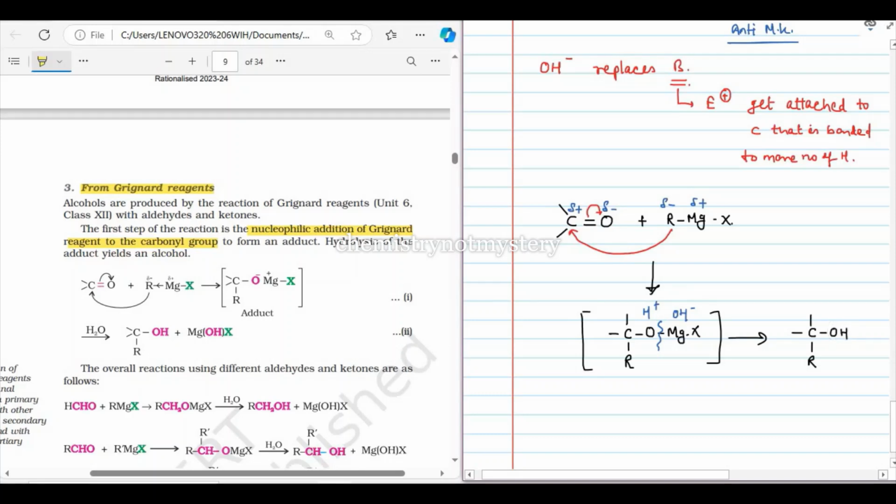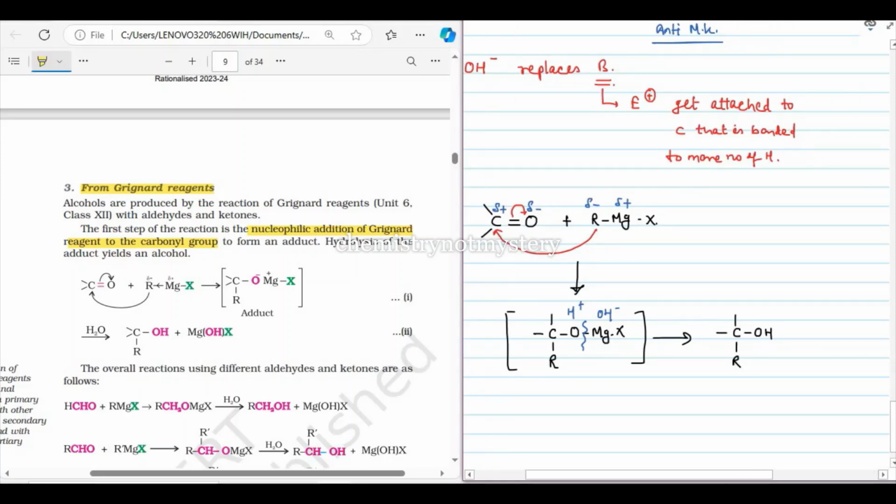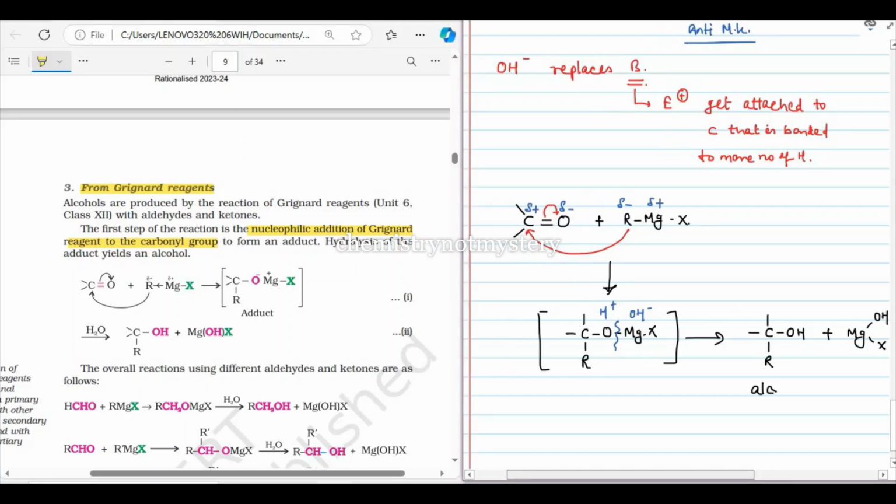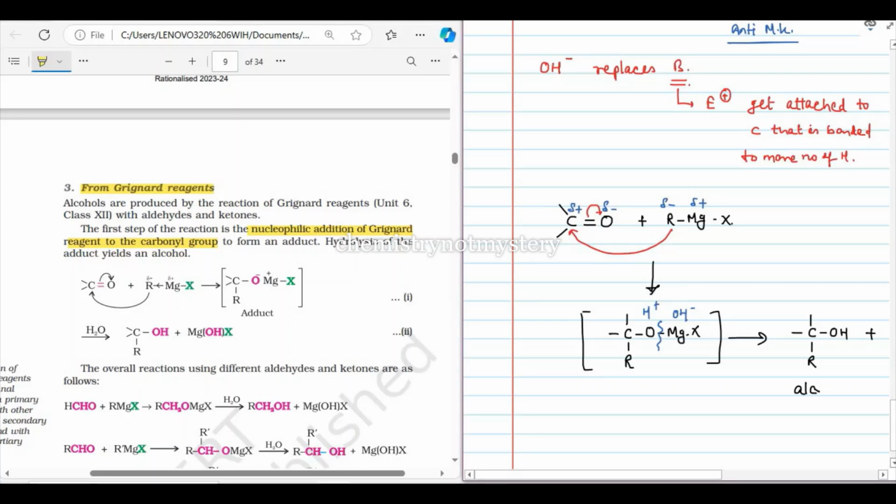And here you will get OH. And you will get the byproduct Mg. On one side it will attach to OH negative ion and on the other side the halogen will be there. So this is the byproduct and this is the main product. So that's how you can prepare alcohol by the reaction of RMgX with a carbonyl compound.